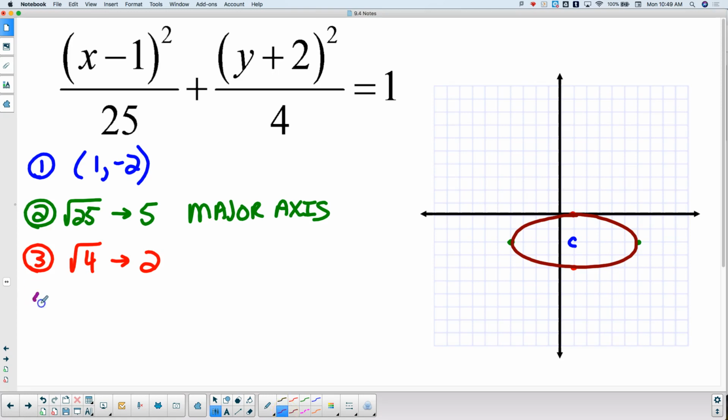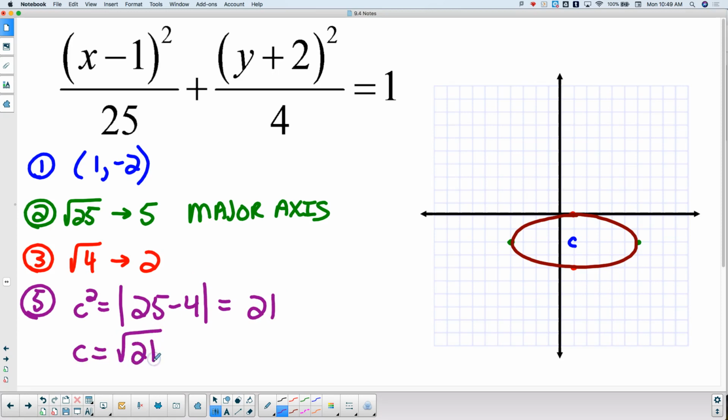Step 5. C squared is going to equal what? 25 minus 4. Absolute value, even though we really don't need it. Okay, what is 25 minus 4? That's going to be 21. So C is going to equal the square root of 21. Yes? Okay. So where are my 2 foci?